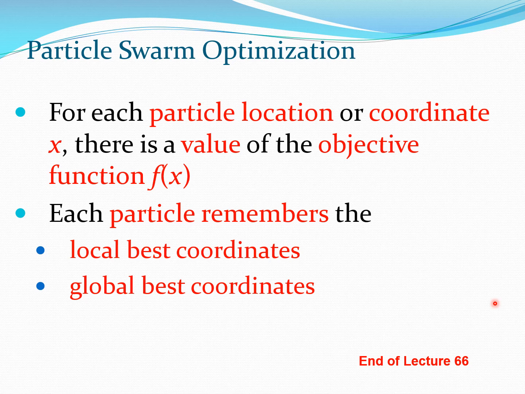Each particle remembers the local best coordinates and the global best coordinates. So this is another aspect of PSO. These two pieces of information are then going to be combined together in a particular formula, which is going to let us move around in the design space. We are going to discuss the mathematics of the PSO in the next lecture.